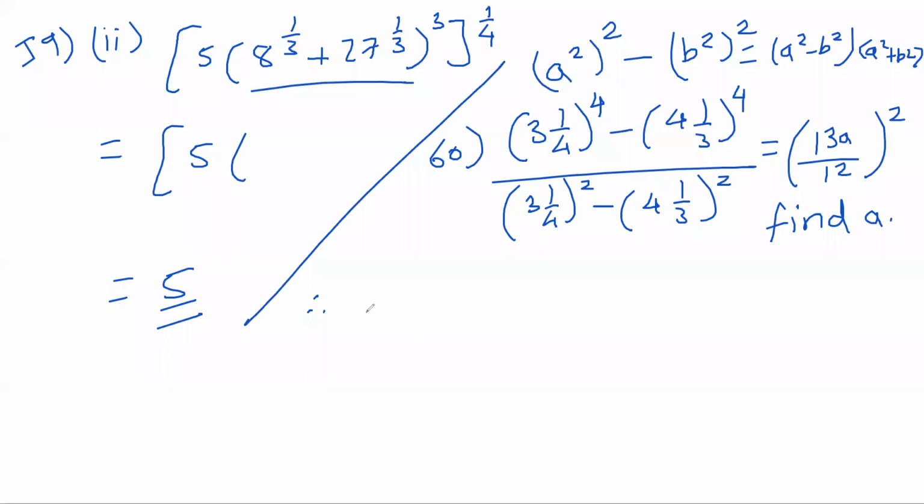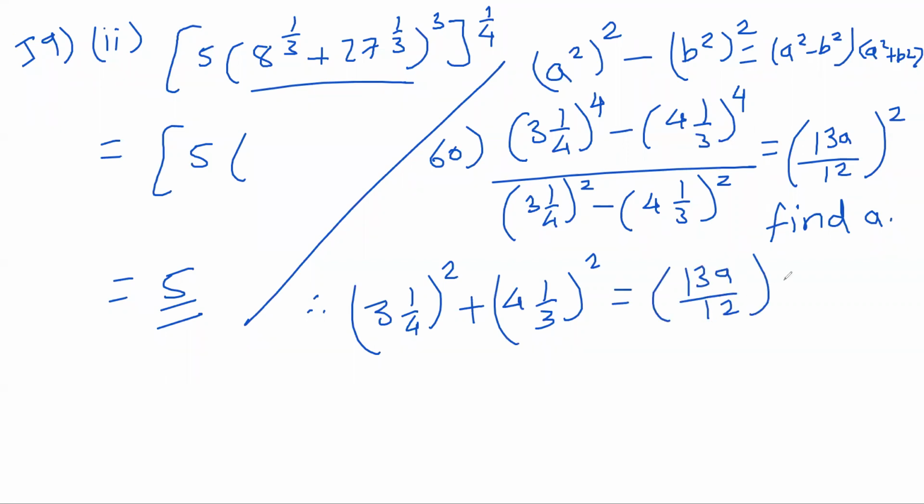Okay, you get 3 1/4 square plus 4 1/3 square. This is all you will get on the left hand side. And here you get raised to 2. Okay. Sir, minus, sir. So the left side will be minus, right?